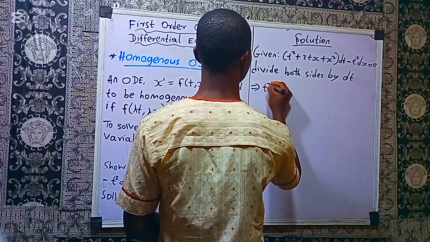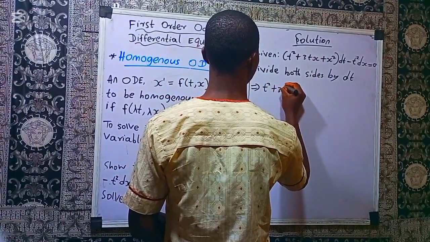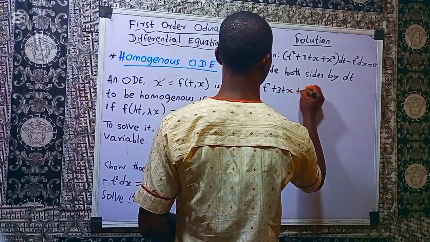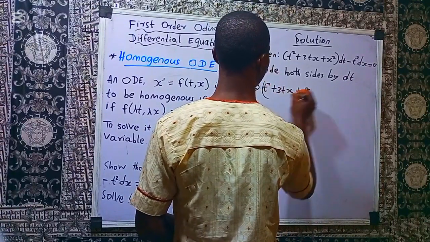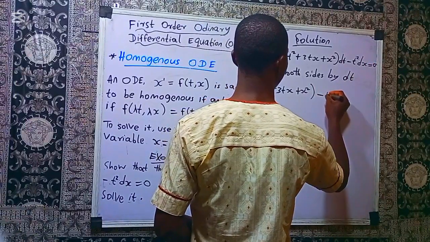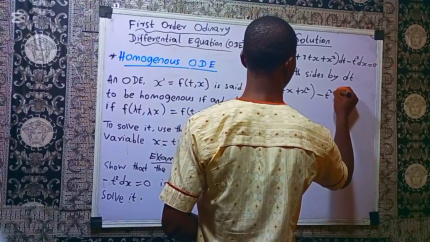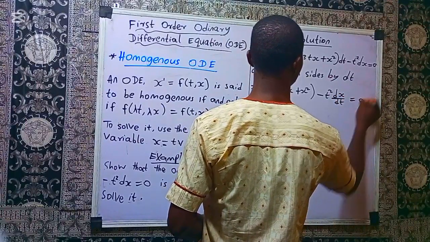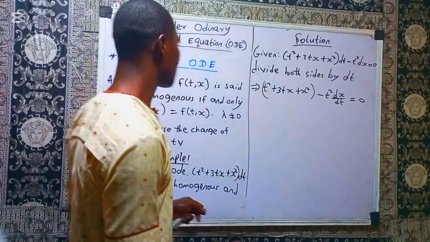What do you have? T squared plus 3tx plus x squared minus, divide here by dt, you have t squared dx dt equal to 0. So this dx dt is the same thing as my what?